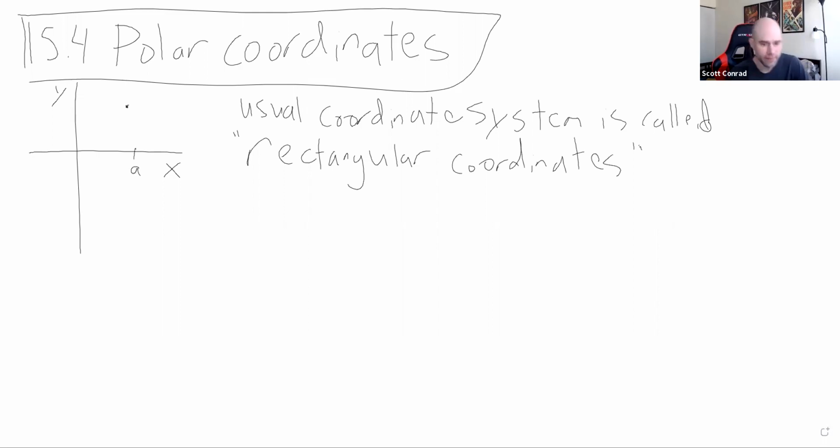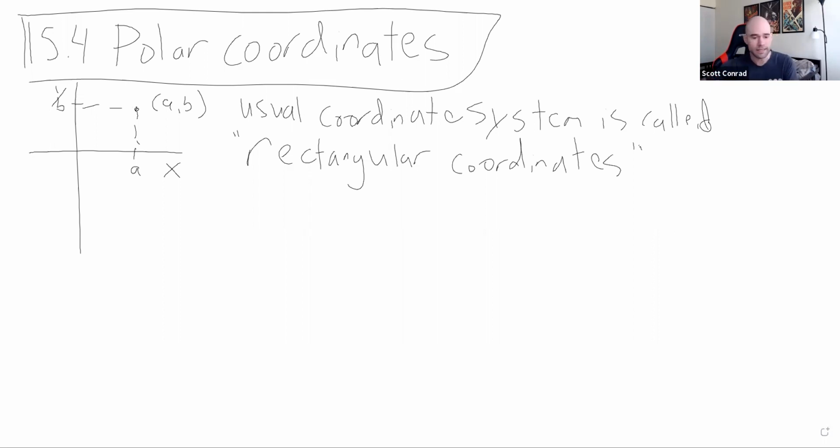So we go A along the x-axis, B along the y-axis, and we get the point AB, which we all know how that works. That's how we label this point in rectangular coordinates. And it's called rectangular for the obvious reason.